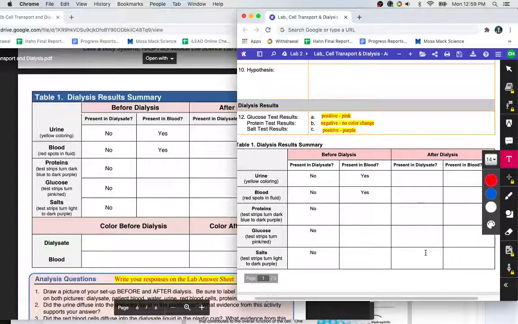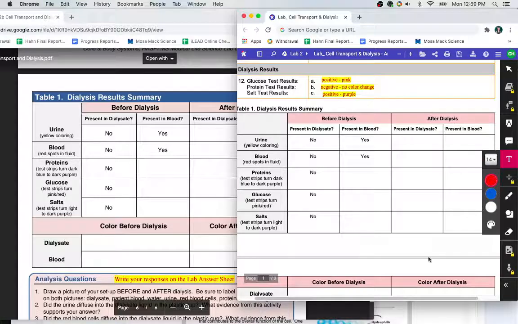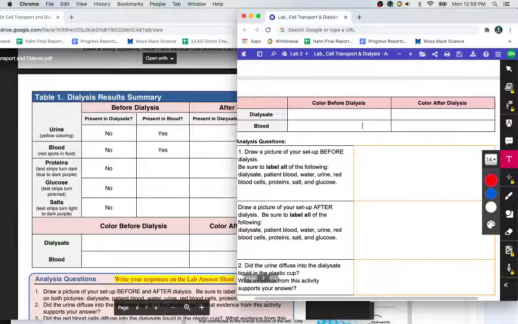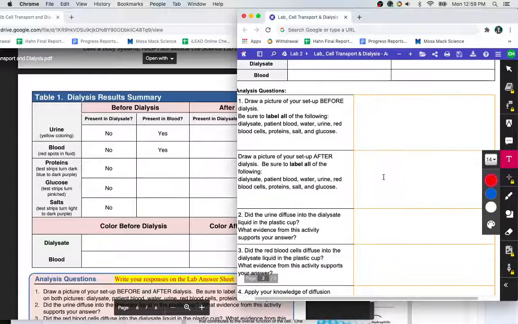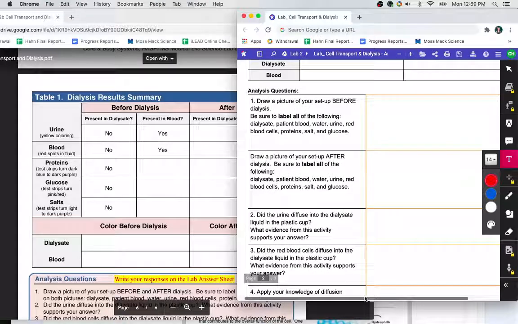They did move into the dialysate. But the proteins did not. The proteins stayed in the blood. So you're going to go ahead and fill in the rest of this data table, answer these questions if you haven't already, and then go ahead and answer the analysis questions.